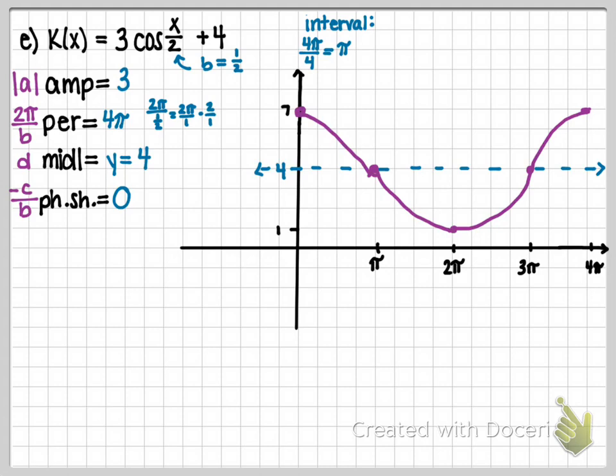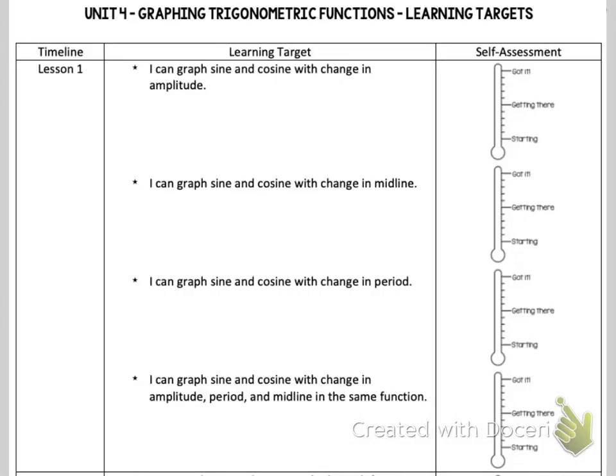Awesome. So now what I would love for you to do is go ahead and look back at that learning targets. Now that we've finished our lesson, we can go back and say, yeah, change in amplitude, I got it. I'm going to fill in all of that. Change in midline, I'm set. Change in period, maybe that only kind of makes sense.